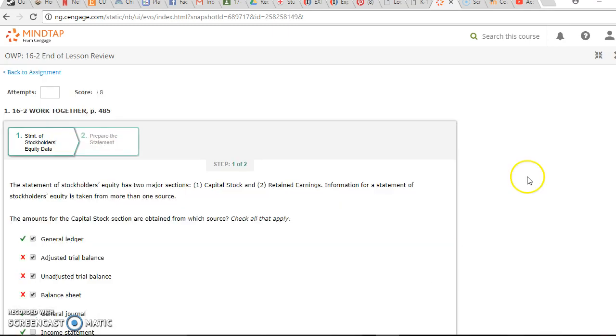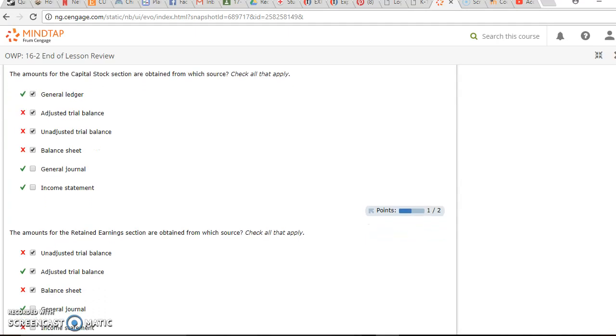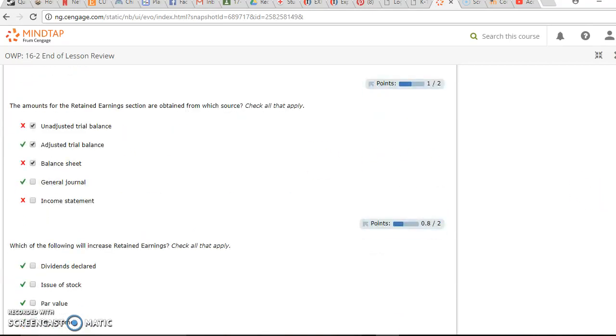I don't know how I feel about this. Alright, so I didn't do very well on it. You can get an adjusted trial balance will give you a capital stock beginning figure, and a balance sheet after you're done with capital stock, so I kind of disagree with those two. The amounts for retained earnings are obtained from which source?